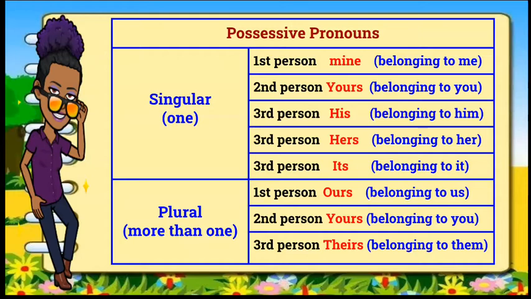Third person singular, hers, belonging to her. Third person singular, its, belonging to it. Plural, more than one: first person, ours, belonging to us. Second person, yours, belonging to you, and that yours would be more than one. And third person plural, theirs, belonging to them.